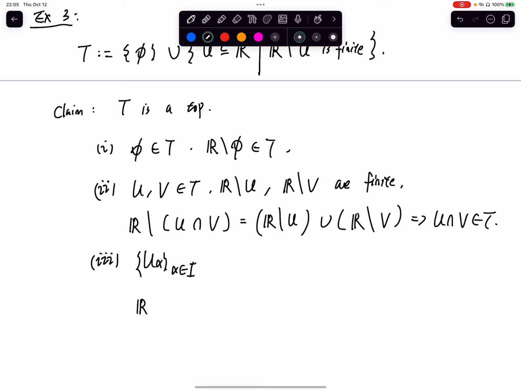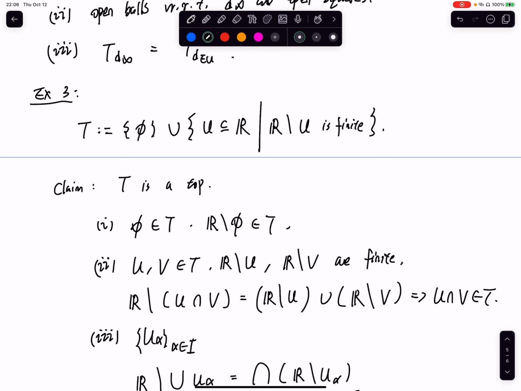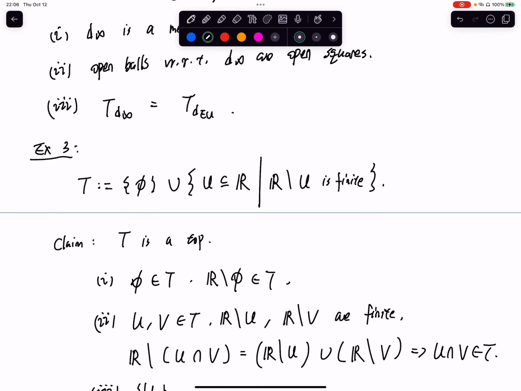Then we have R minus the union of all these U alpha is the intersection of all R minus U alpha. And since the intersection of finite sets is also finite, we're done. Therefore, T is a topology. And indeed, T comes from no metric on R.